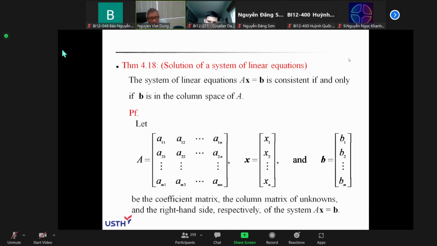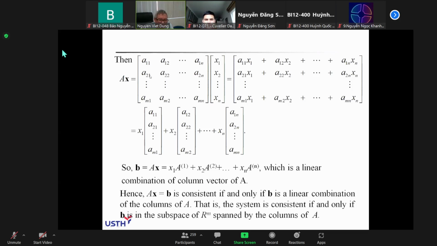Why is that? Here is some explanation. Suppose that A is that one, X is that column, and B is that column. Then our equation will be AX equals B. Now we multiply A and X. When we carry out the matrix multiplication, we get that one.